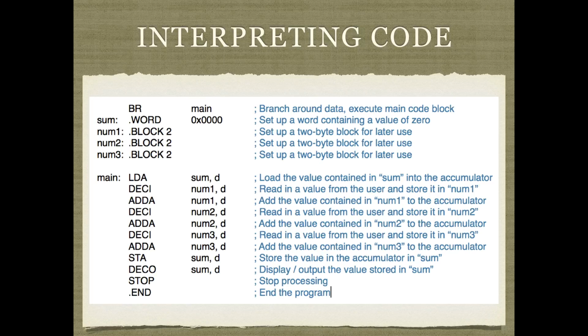Going back up, sum is a word, so 16 bits, and the value that we put into that memory location is 0. But we also have 3 additional values, a block of 2 bytes each for num1, num2, and num3. Those are just memory locations, and there's nothing in there right now.